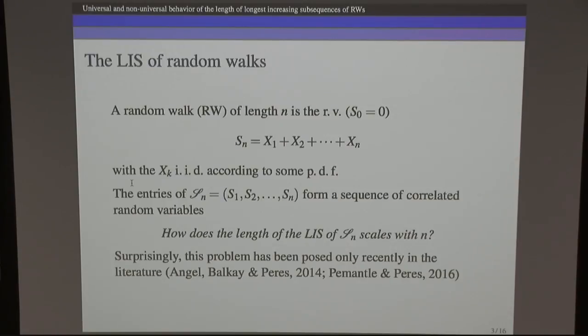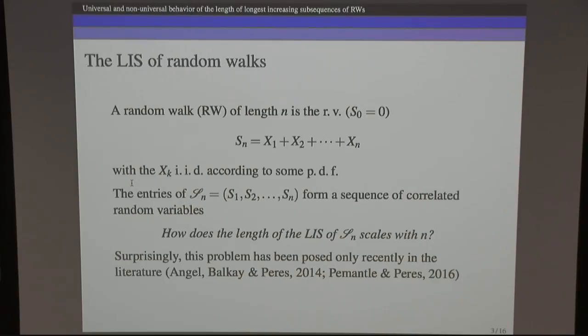Recently, two or three years ago, these guys here asked a very simple question. What is the behavior of the length of the longest increasing subsequence of a random walk? So a random walk is this object. It's pretty much a time series of the position of the walker, S1, S2, ST. So this is a sequence of numbers.